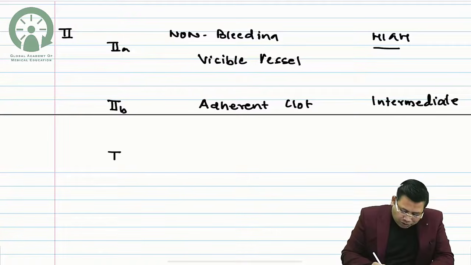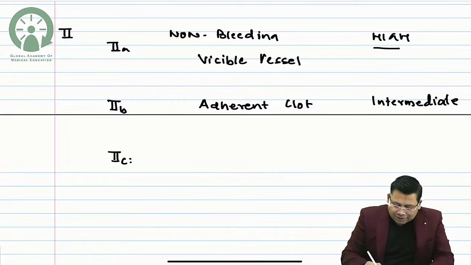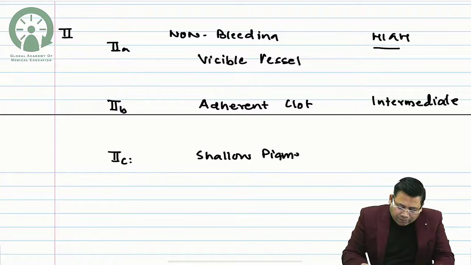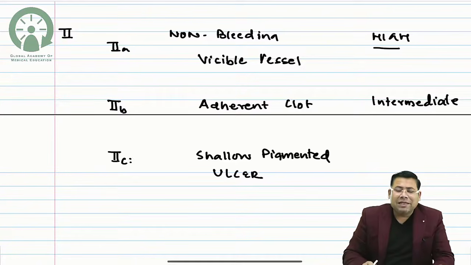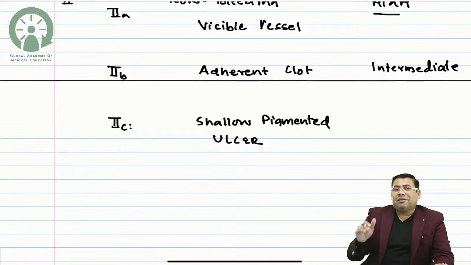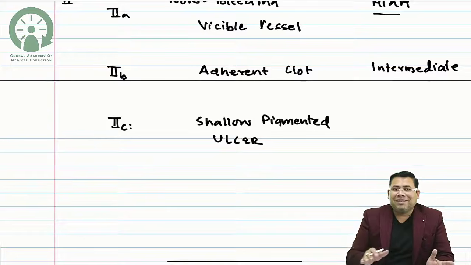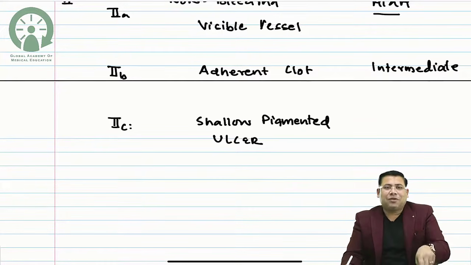Now what is 2C? It is a shallow pigmented ulcer base. So when you talk about shallow pigmented ulcer base, this ulcer is now on the track of getting epithelialized and fibrosed. Pigmentation is evidence that hemosiderin was there, and hemosiderin means hemoglobin.